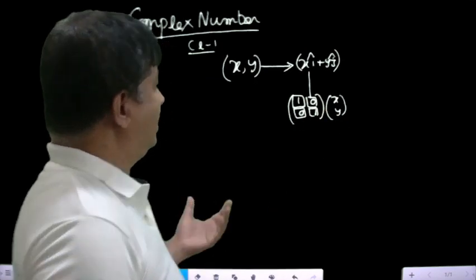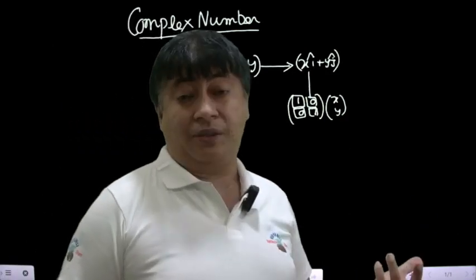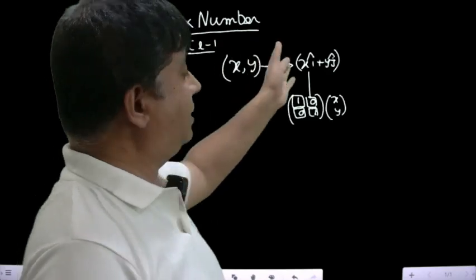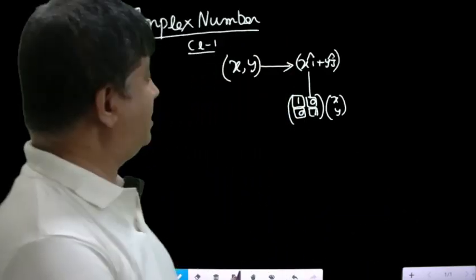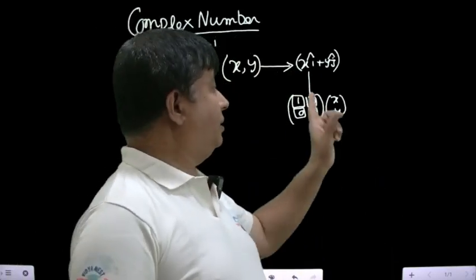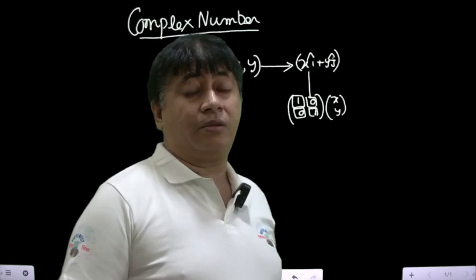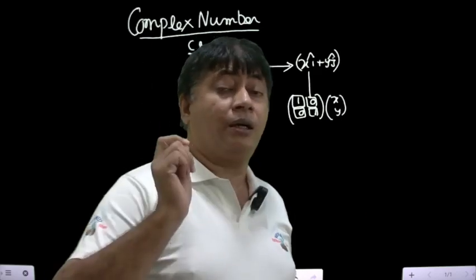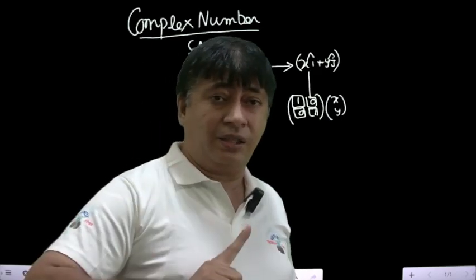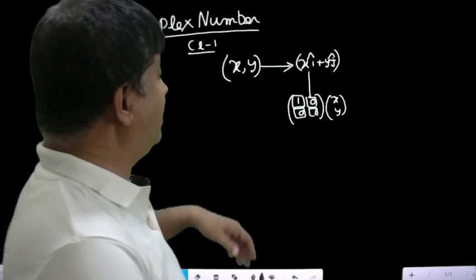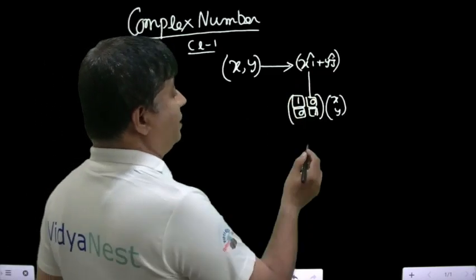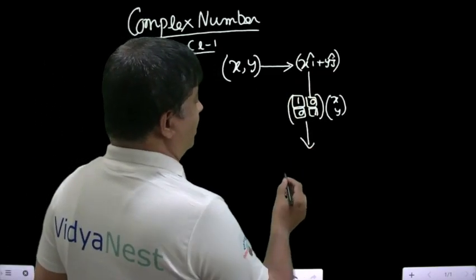In computer, it is called array function. But this vector and matrix both have some limitation. What limitation? Both of them satisfy the criteria of addition, subtraction and multiplication, but not division. Now, division comes. Division will be introduced in complex number.